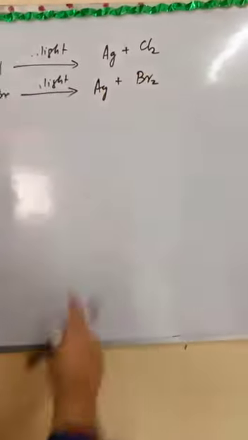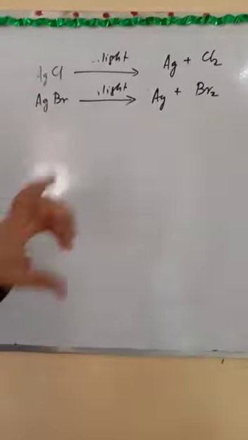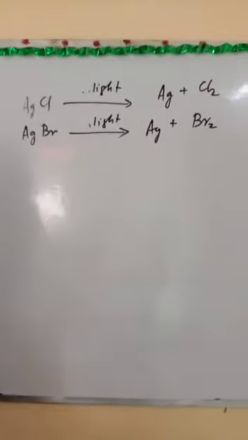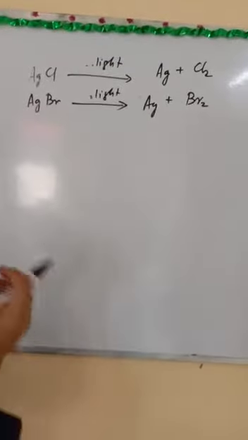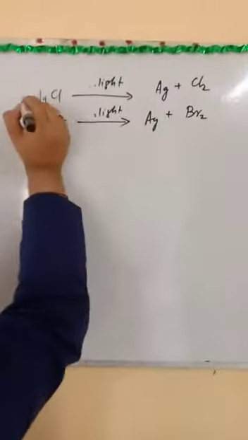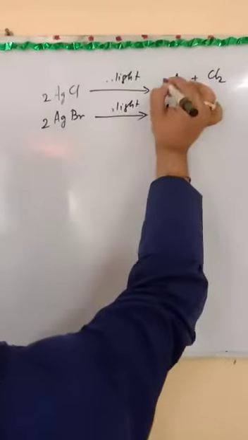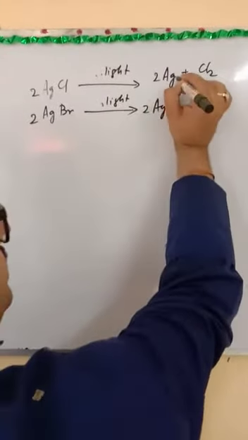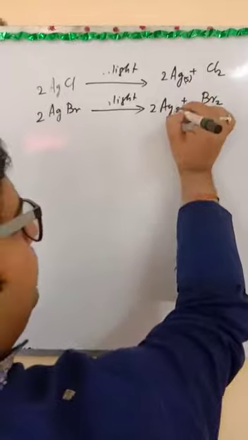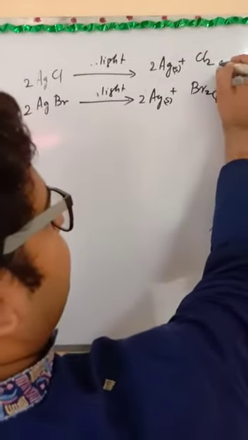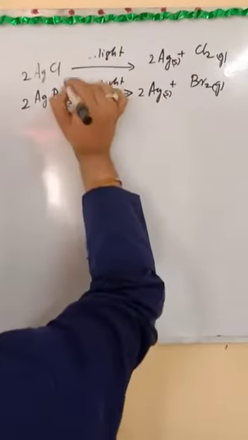Now how does it happen in the camera? There was a shutter, the shutter used to open, light used to come in, and accordingly, due to the light and the darkness effect, the photo was framed. Just balancing the equation, put a 2 here, put a 2 here, it is balanced. It is solid, these are gases, and these are again solids.